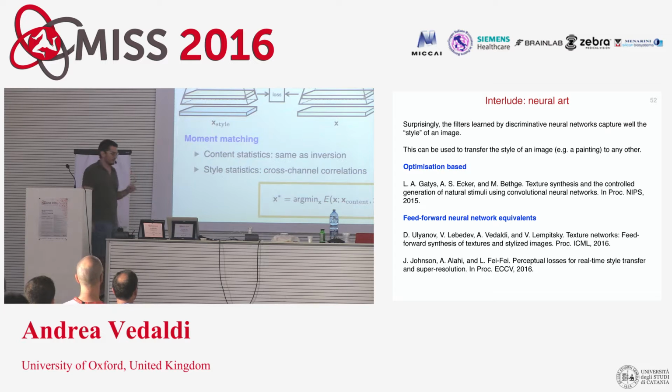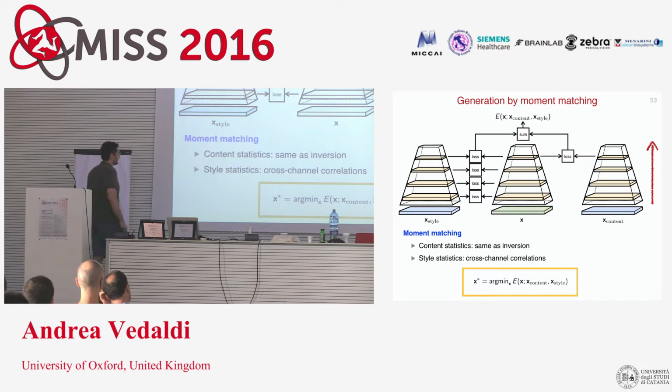Well, this is also interesting because, again, it teaches you a little bit of the sort of statistics that these different layers actually learn. So here what we're going to do is to take two images, X style and X content, right? So the style image will be an image from which we want to recover the style, say a Van Gogh painting. X content could be an image of your dog, say. So now we want to get a Van Gogh version of your dog.